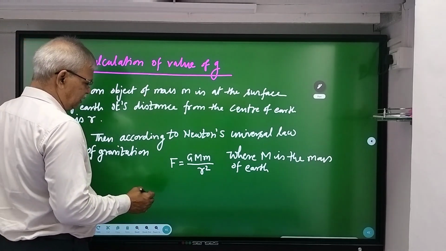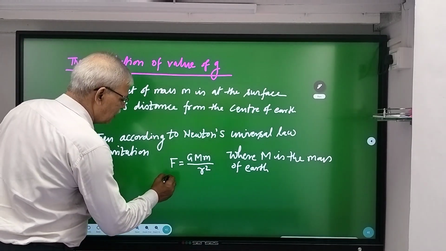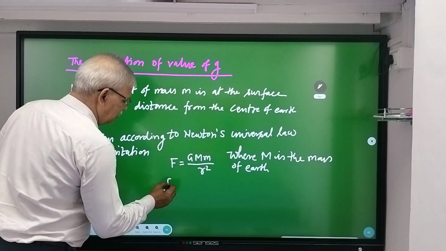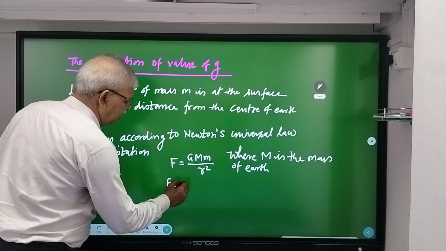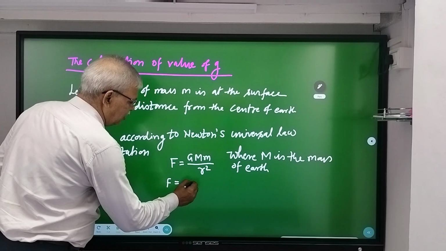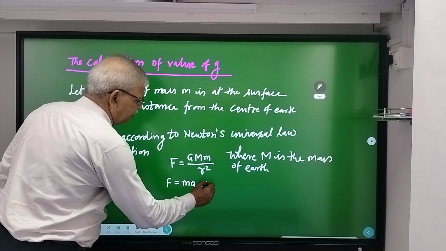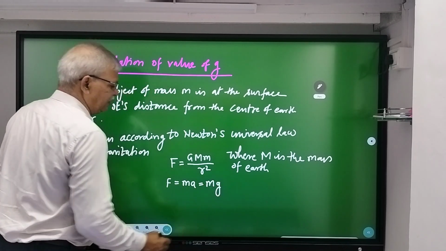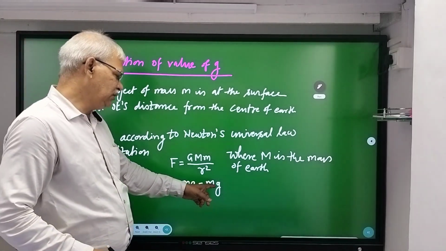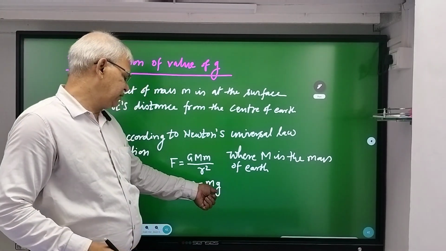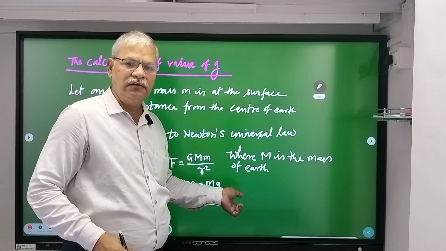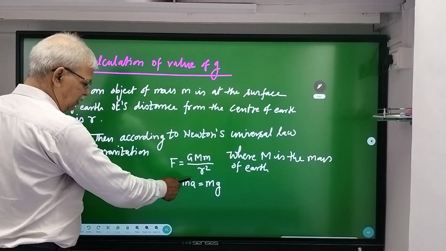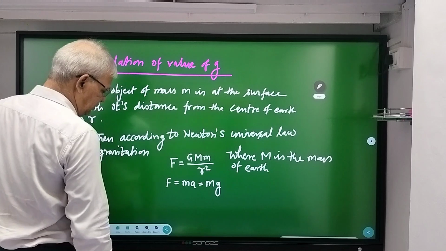Now see here, you know that F is equal to ma or is equal to mg. Why mg? This g means acceleration due to the gravitational force. Therefore, instead of a it is mg.